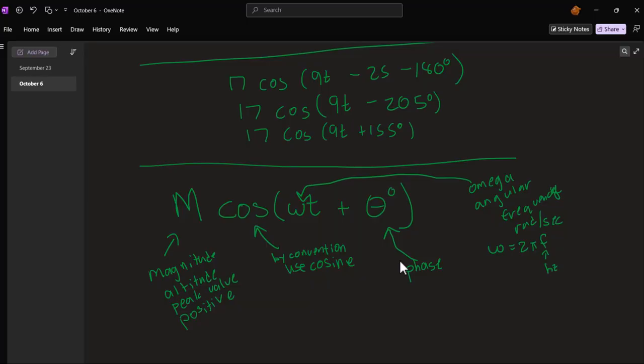Usually with most of the circuits you'll be dealing with, everything will have the same frequency. They'll all have the same omega, but they might have different phases, and that's going to affect how they interact.